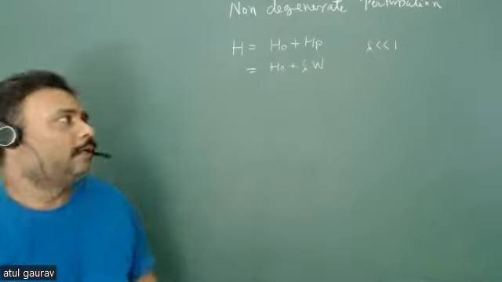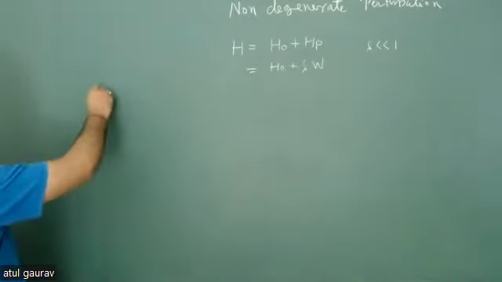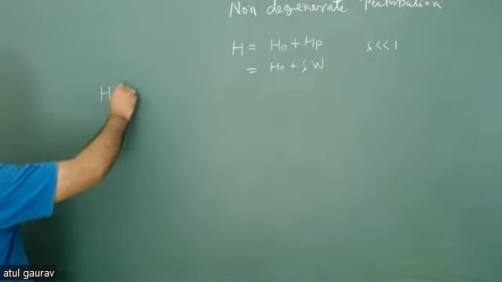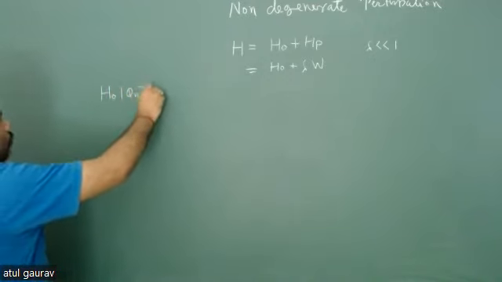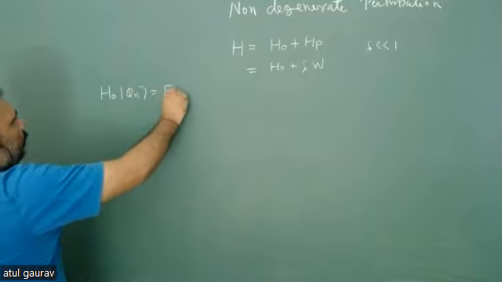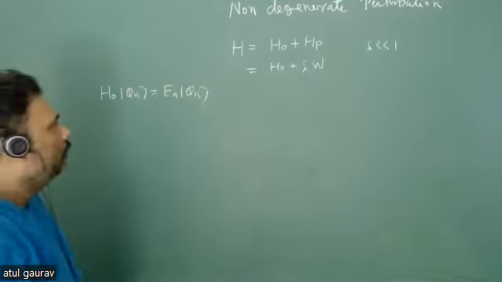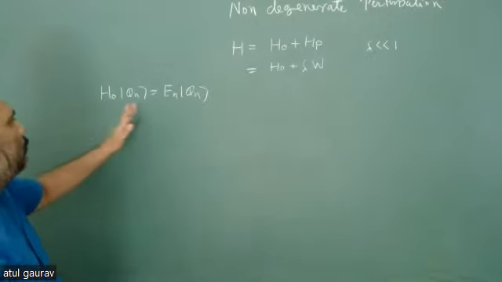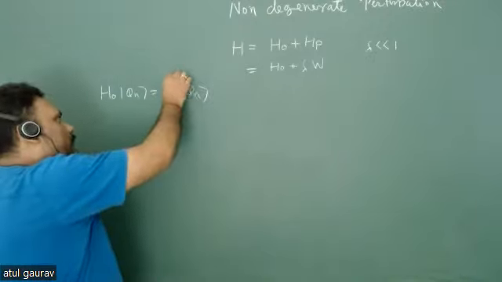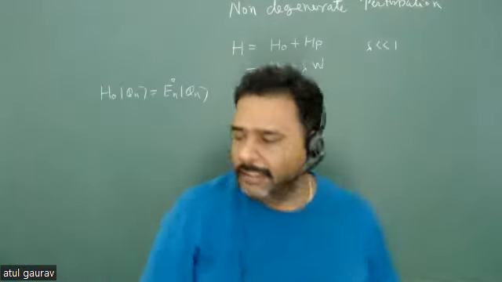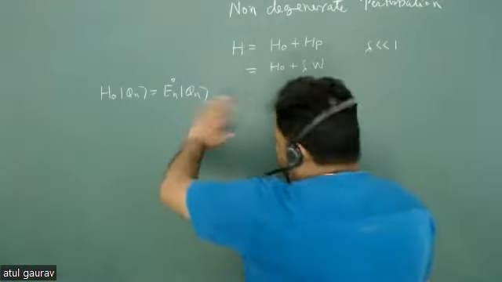The meaning of original or unperturbed Hamiltonian is that we know the energy eigenvalue and energy eigenfunction of this particular Hamiltonian. So we have H0, and I can write En0, just for clarity of notation.